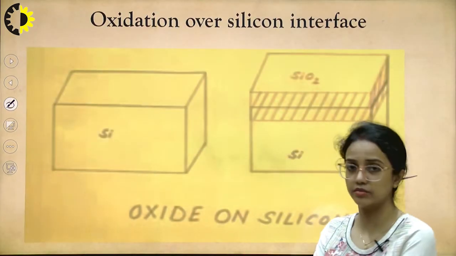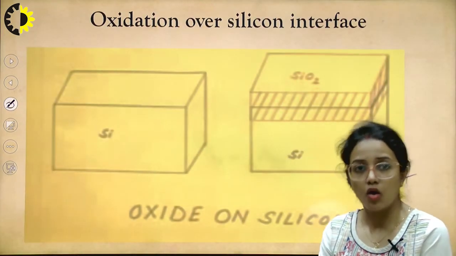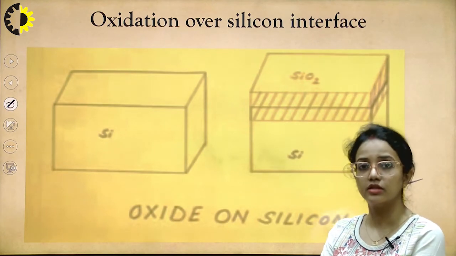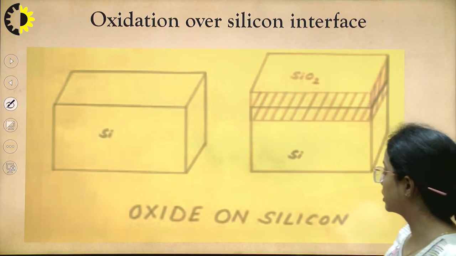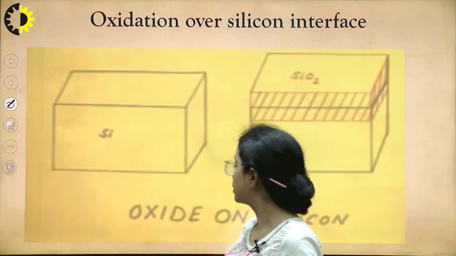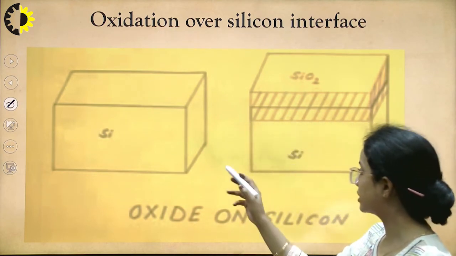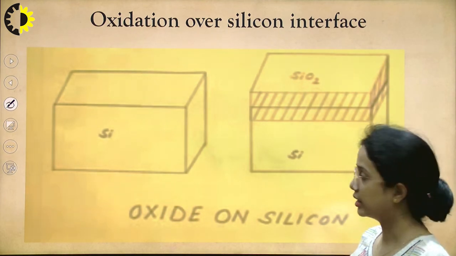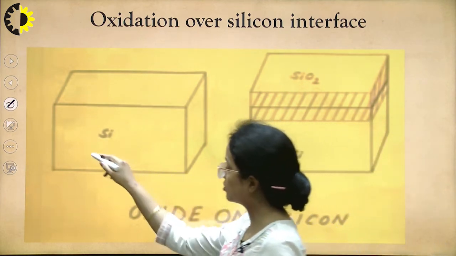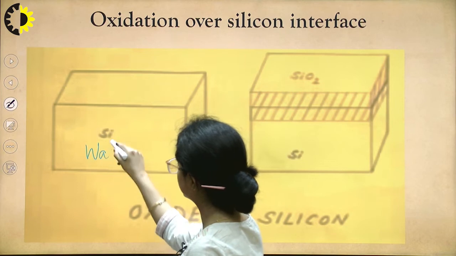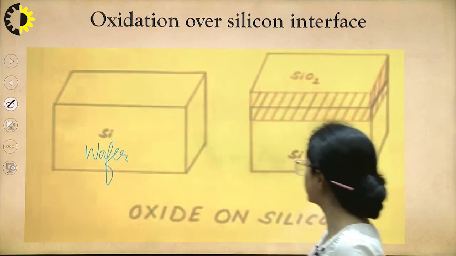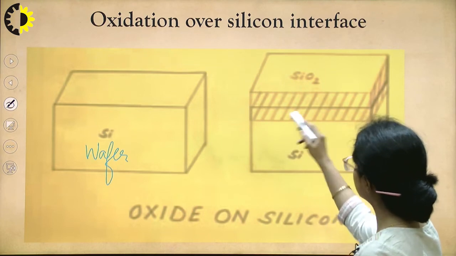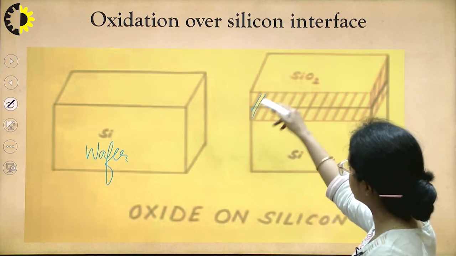Here is the diagram. We can see oxidation over the silicon interface, so it is oxide on silicon. In the left-hand side diagram, we can see that it is just silicon. It's a silicon bar, or we also call it a wafer. On that wafer, we have successfully placed a layer of silicon dioxide.